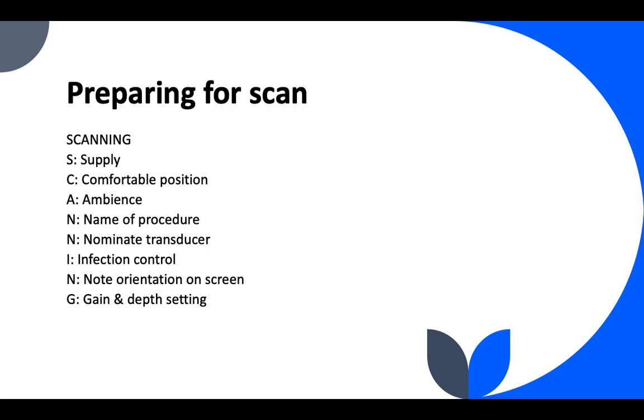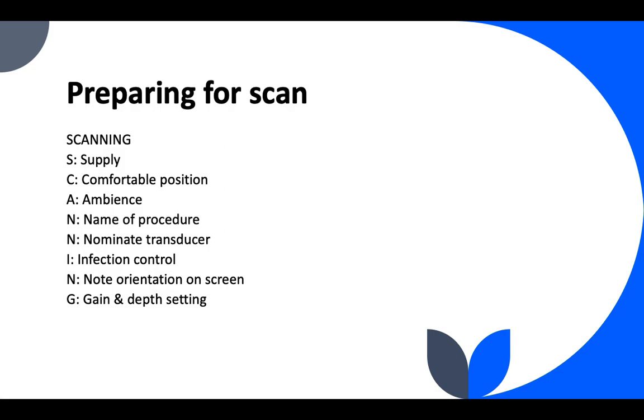So to summarize, when you are preparing for the scan, you have to look for the supplies like drugs, needle, and all those things. You have to take a comfortable position. Ambience should not be too dark or too light. We should check the name of the procedure. We have to nominate the transducer.